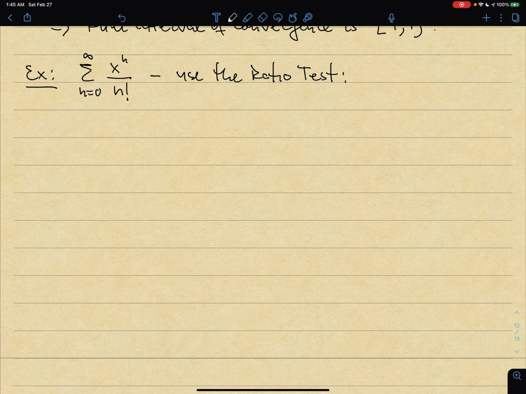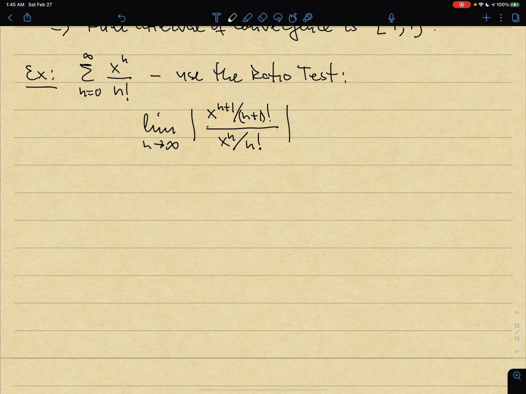Okay, so then we need to take a limit as n goes to infinity. Again, the absolute value of x to the n plus 1 over n plus 1 factorial divided by x to the n over n factorial, right? Immediately, I can get rid of x to the n, just by canceling.